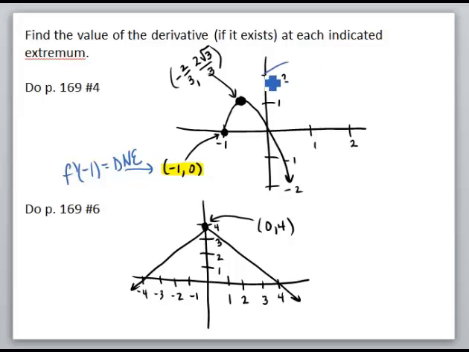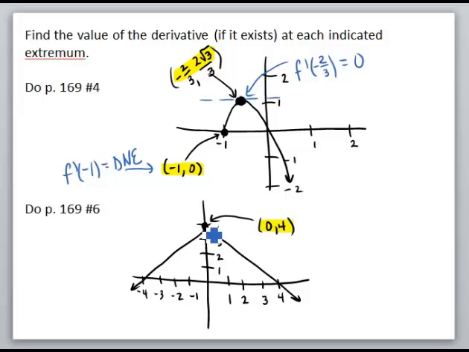This one up here, we're going to determine the derivative at -2/3 to be equal to 0. Notice how the slope of the tangent line to the curve is 0. On the next example I have here, we're going to look at 0,4 and determine what is going on with the derivative there.